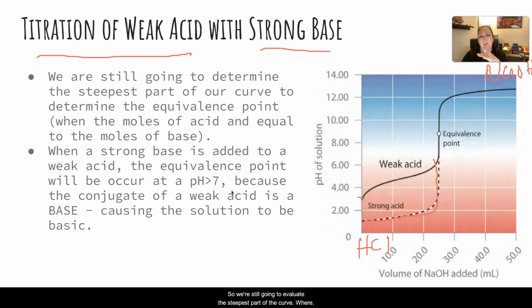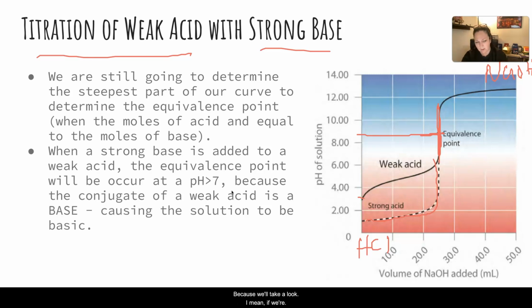So we're still going to evaluate the steepest part of the curve, right here, this inflection point, and go to the halfway mark, which is about here. Now notice that the steep part of the graph isn't quite as steep as it was on the last one. Why?